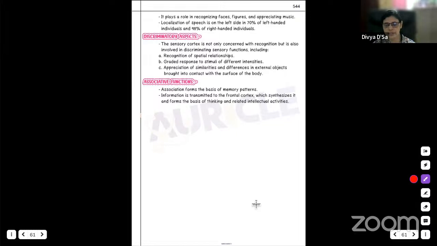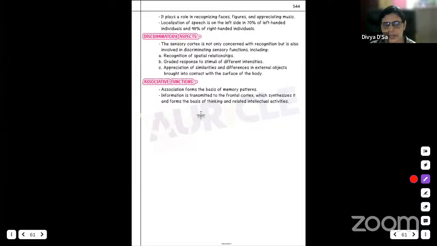There is also graded response to stimuli of different intensities, and appreciation of similarities and differences in external objects which are brought in contact with the surface of the body. So it is able to discriminate all these things clearly.